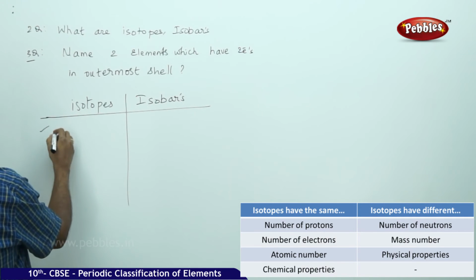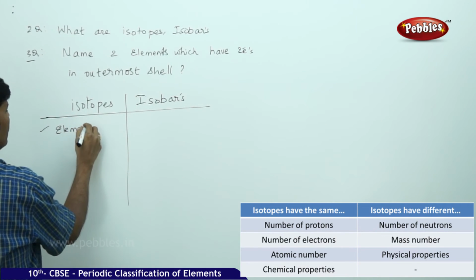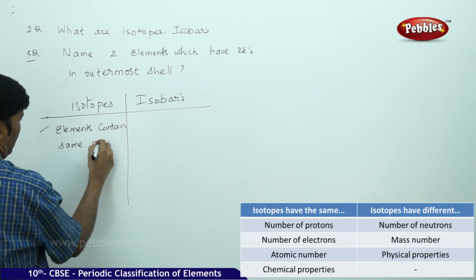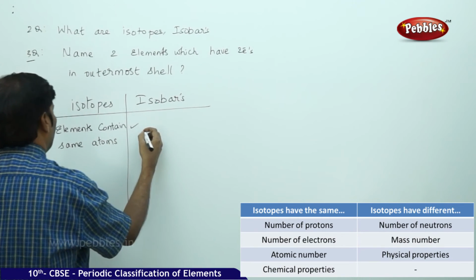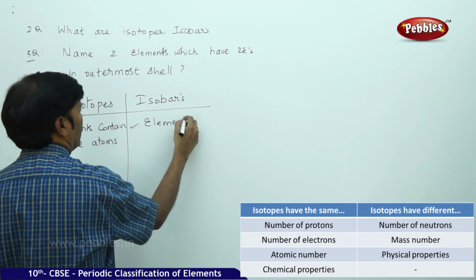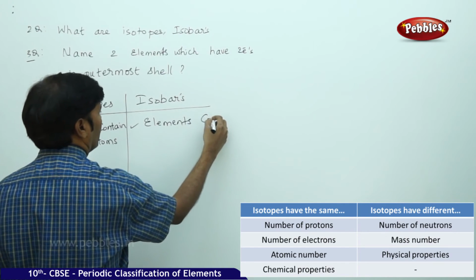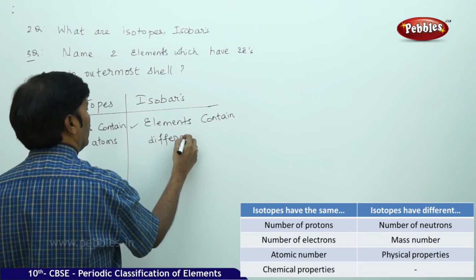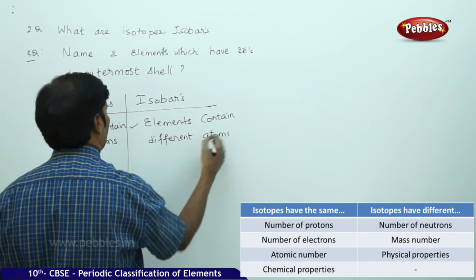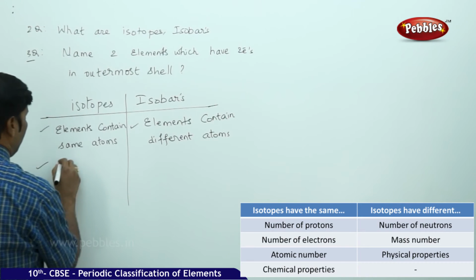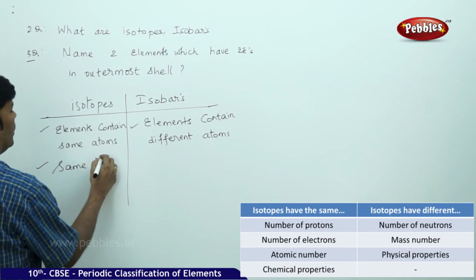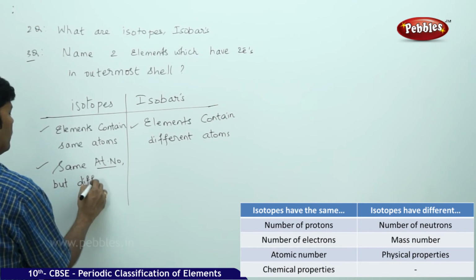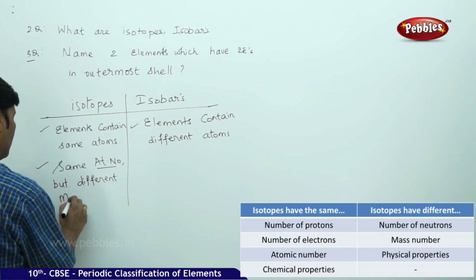In the case of isotopes, the elements contain the same atomic number but different mass number.